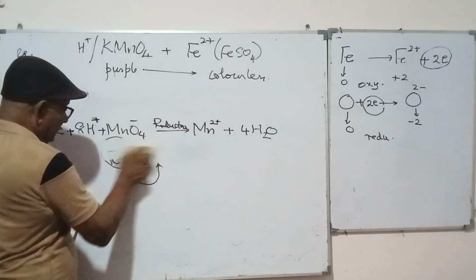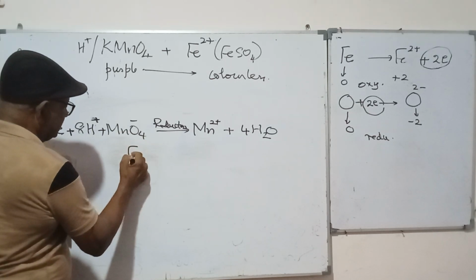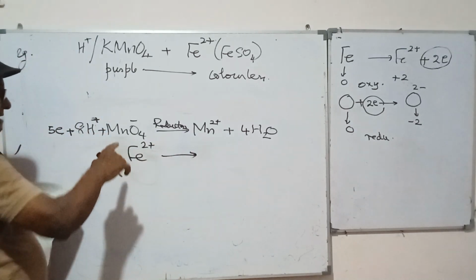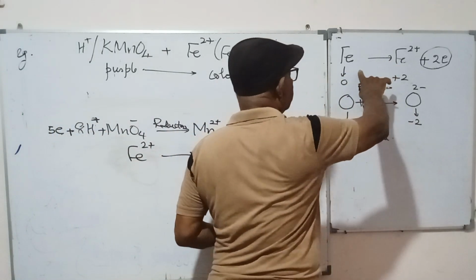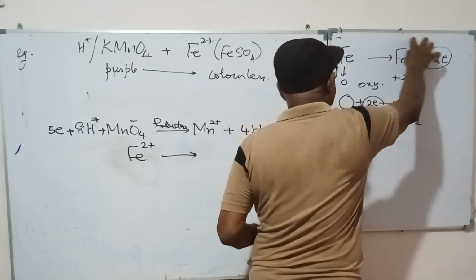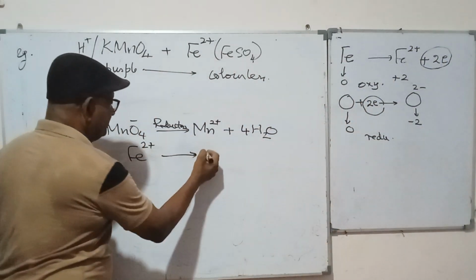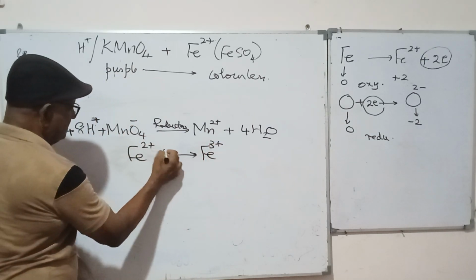Then we can write the equation: Fe2 plus becomes Fe3 plus, an increase of the oxidation state. So it undergoes oxidation.